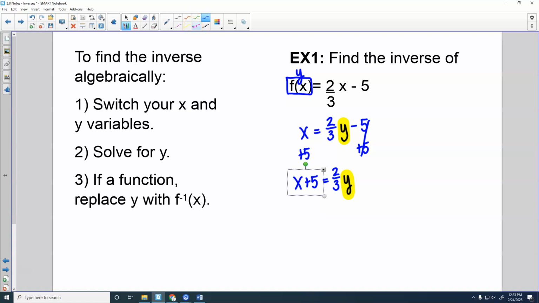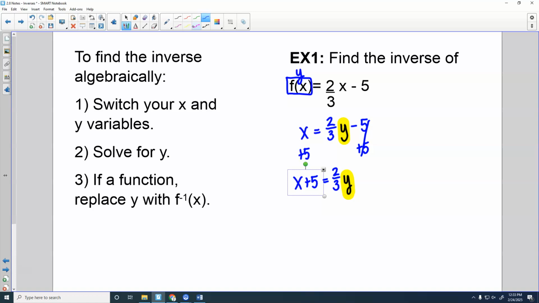We are trying to get that y by itself. What would we have to do next? I've got a 2/3 I've got to get rid of. How do I get rid of that? I would multiply by 3/2.